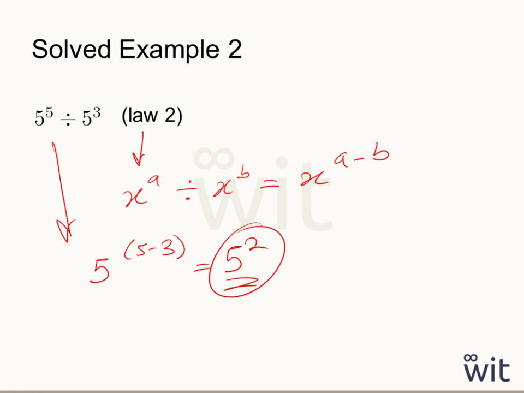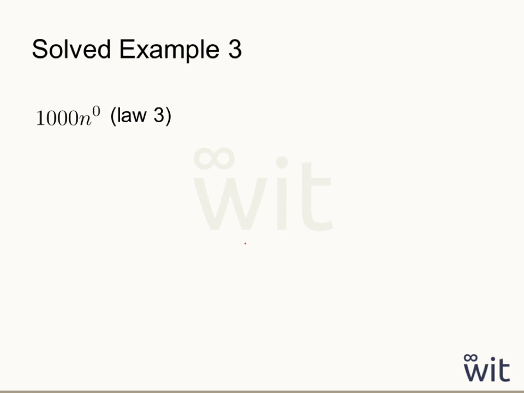Let's move over to the third law. The third law states that any variable x raised to the power 0 will be equal to 1 as long as, that's a caveat here, x is not equal to 0.